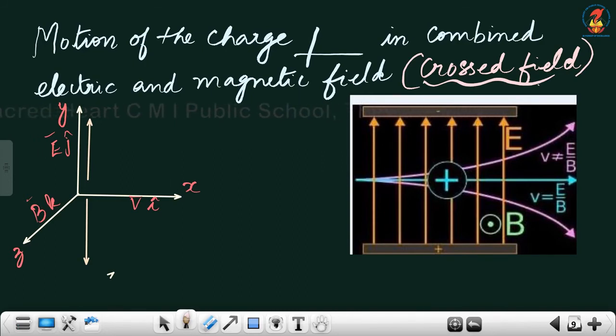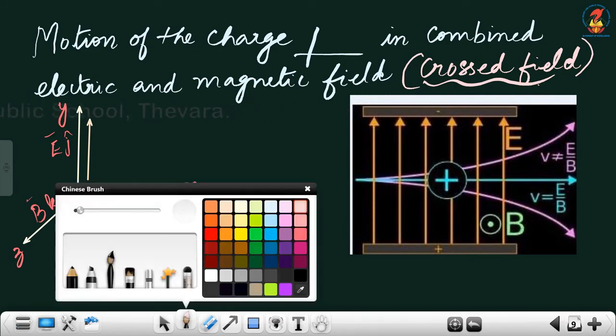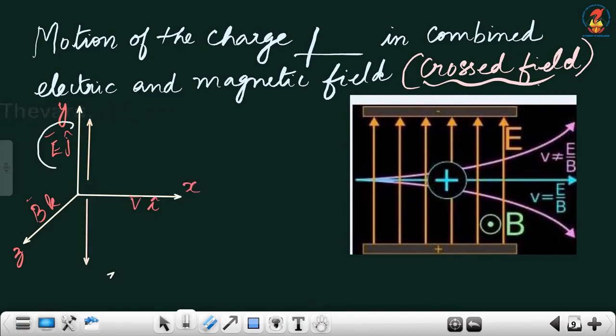So, imagine you have an electric field applied along the positive y axis and a magnetic field applied along the positive z axis, and the charge is moving with the velocity v along the x axis.